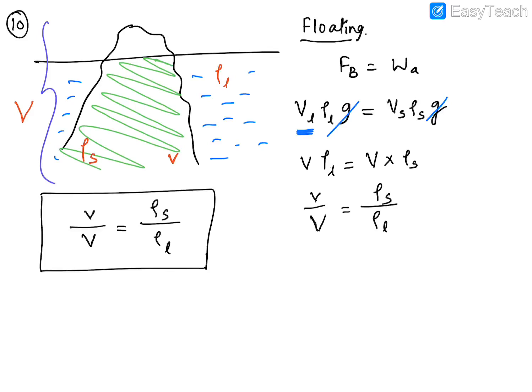So how much portion of a body will float above or below? It all depends upon the ratio of the density of the solid and the density of the liquid. You can also make a note. If you're getting confused, just make a note: small v means volume of the solid which is submerged, only that part of volume which is submerged.